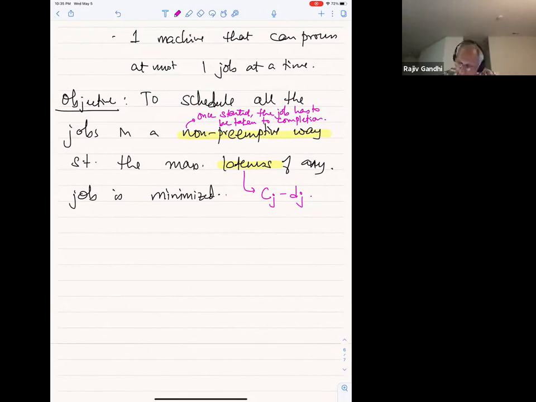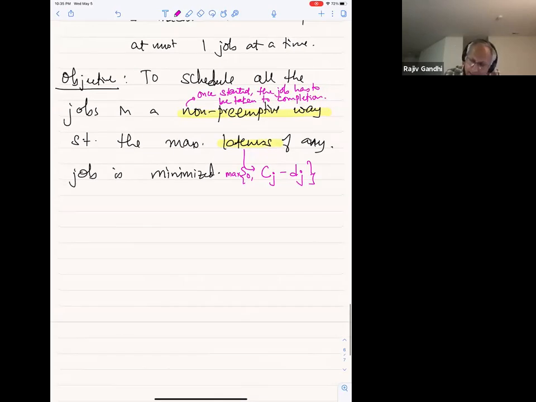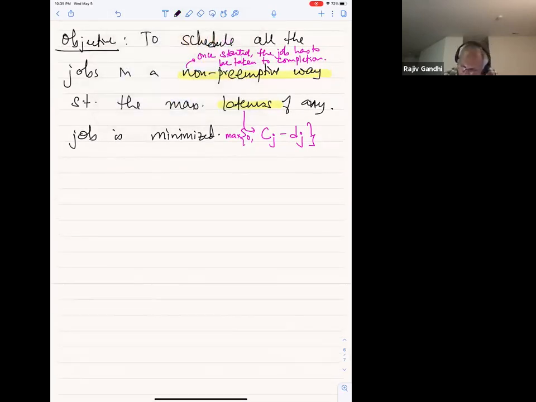So lateness is the maximum of 0 and this, all it is saying is lateness cannot be negative. And we want the maximum lateness to be minimized. So let's understand by taking some examples.